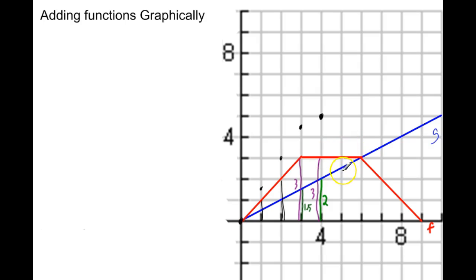And then, let's see, 2.5 plus 3 would be 5.5. 3 plus 3 is 6. 2 plus 3.5 is 5.5. And 1 plus 1, 2, 3, 4 is 5. And 0 plus anything would just be that. And there's no function here, so we're just going to stop at this point.